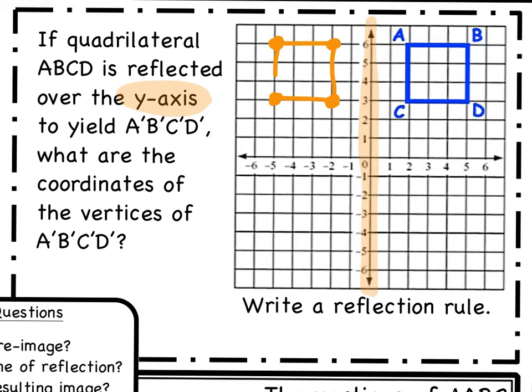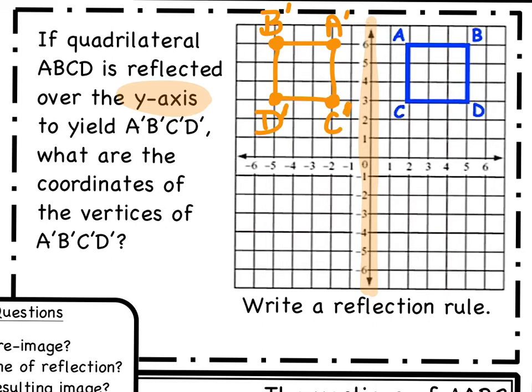And I'm going to make sure I label my points here. So this is going to be A prime. This is going to be B prime. This is not C prime. Let me erase that, put that in the wrong spot. So we've got C prime here and D prime here.